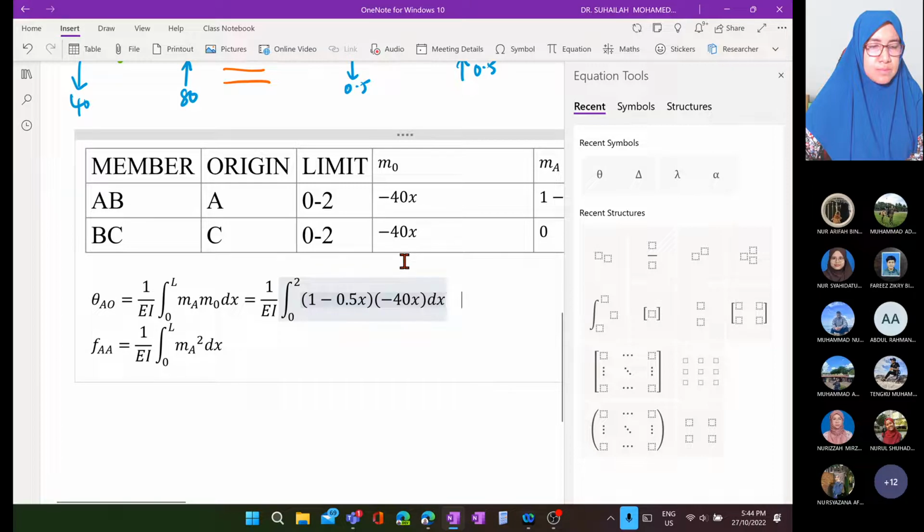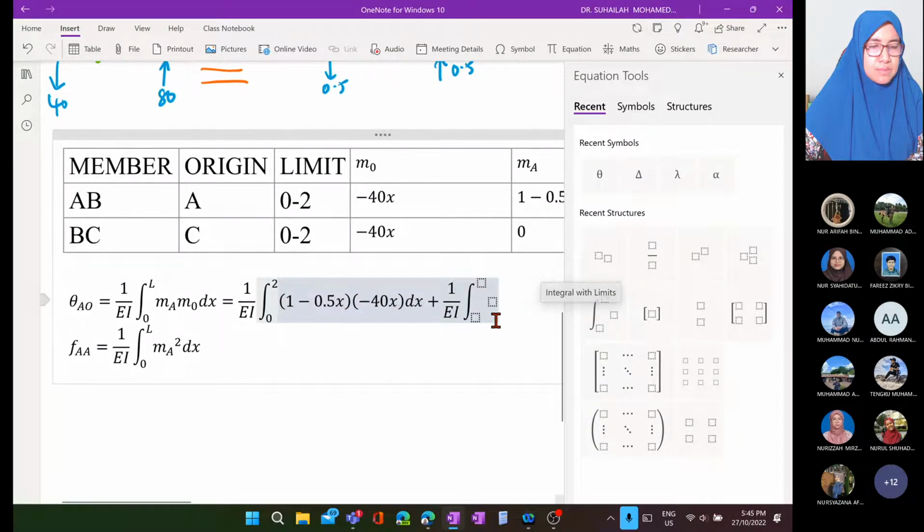We have to add another cutting section: 1 over EI, from 0 to 2 for BC.